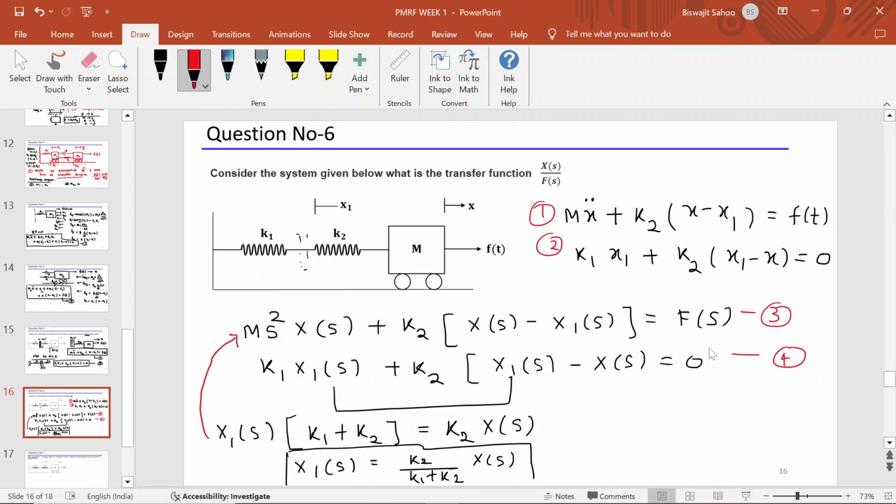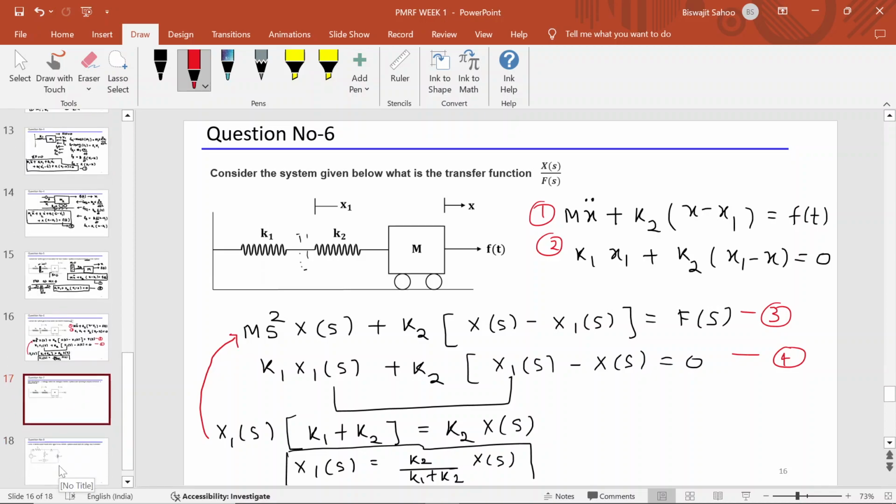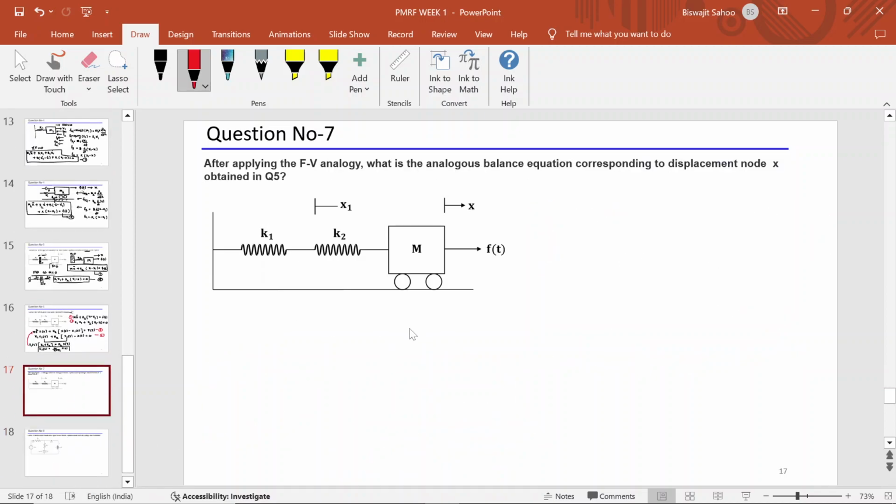Now question number 6 is over. This is a very simple analogy to solve the questions. So now let's go to question number 7.